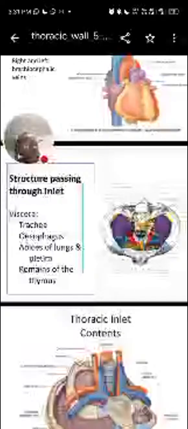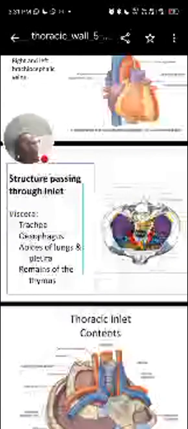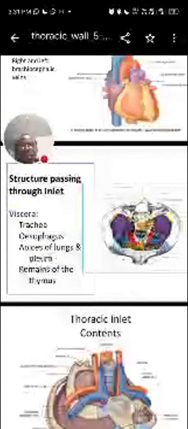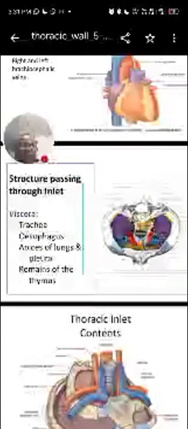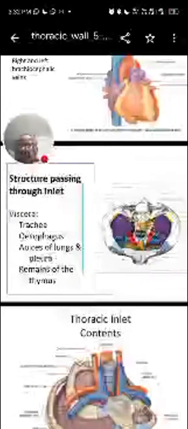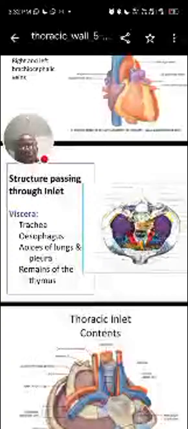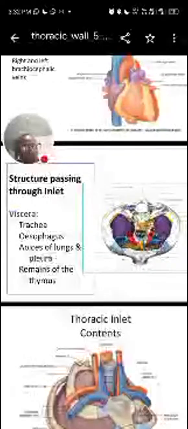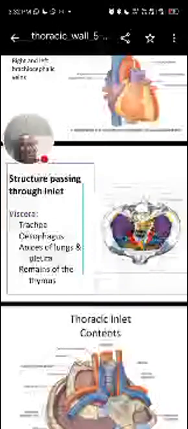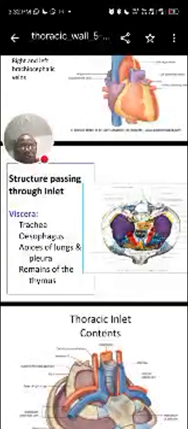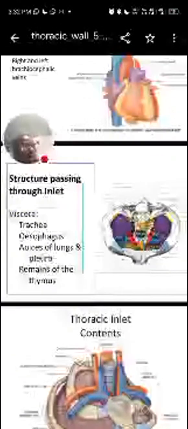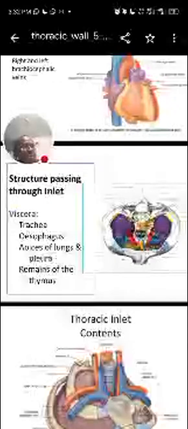There's viscera and vein, and the viscera has the root, remains of thymus, apices of lungs and pleura, and then you have the trachea.